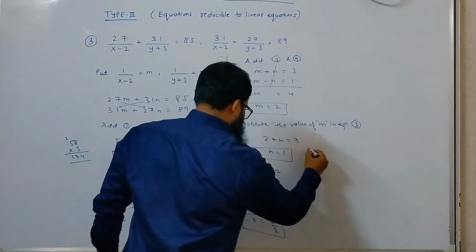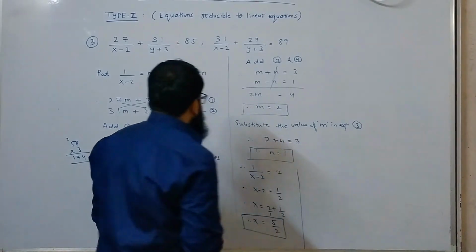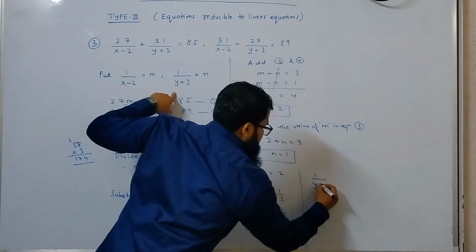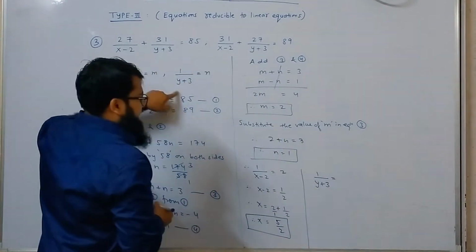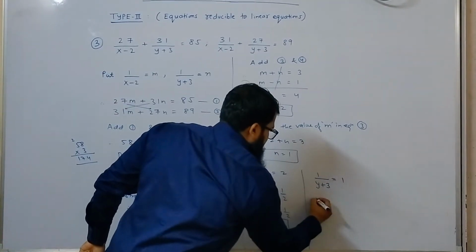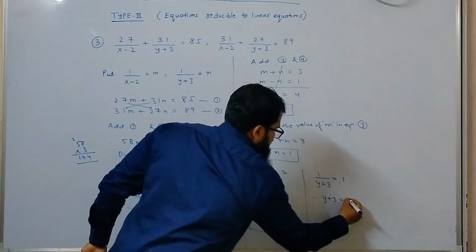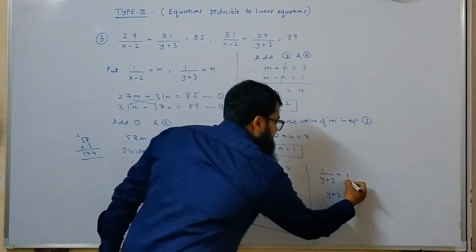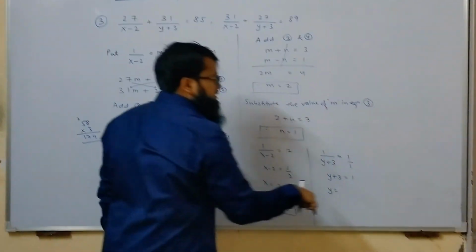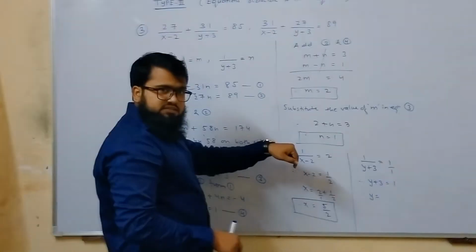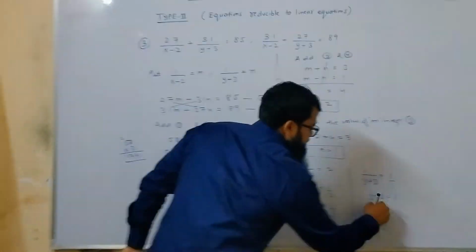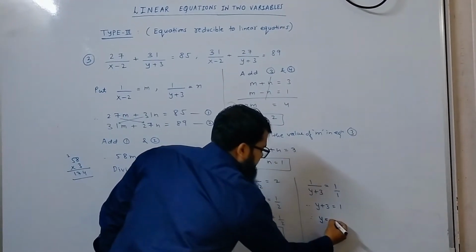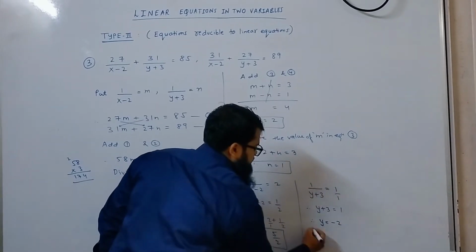The next part is to solve for y. 1 upon y plus 3 is equal to n, and n is 1. So therefore, we will get y plus 3 is equal to 1, because we have inverted it, since there is nothing in the denominator, it's 1. Therefore, y becomes 1 minus 3, which is minus 2.